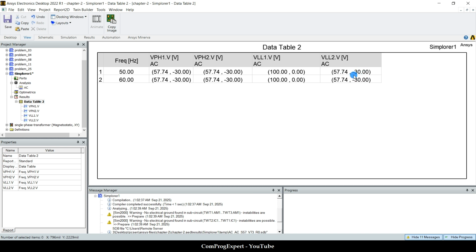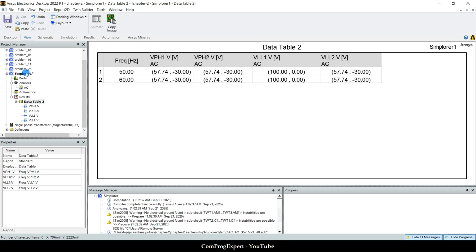What is the angle? It is negative 30. Okay, it is in the same phase as the V2 because here we have delta connection. So this is the phase difference between the line to line voltage of the primary and the line to line voltage of the secondary. Okay.